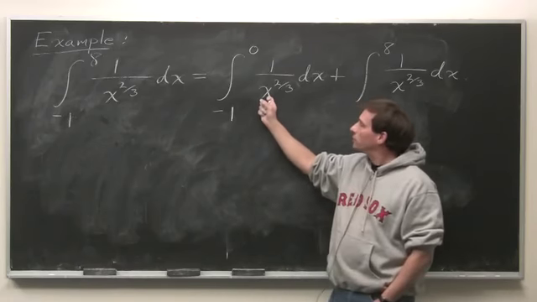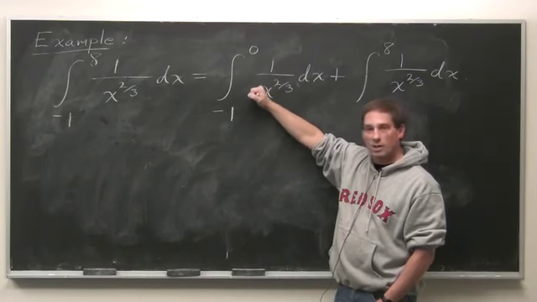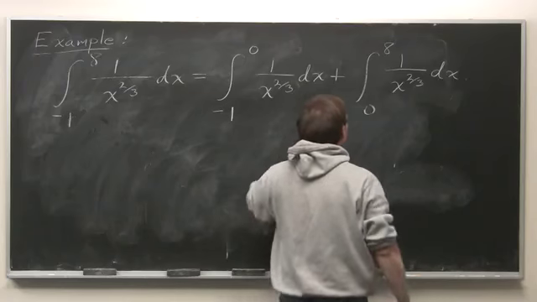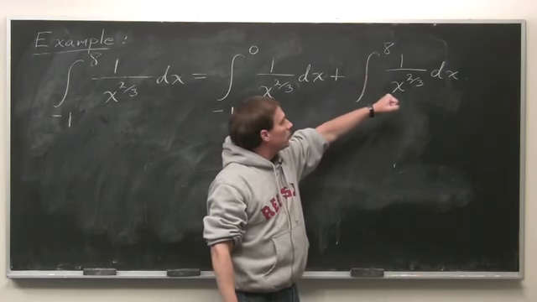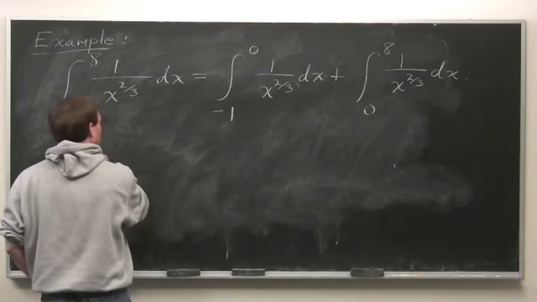Now, this function on this interval has a problem only at this endpoint, 0. So it's a problem on a half-open interval. Same thing over here, that we know how to deal with. We take limits.